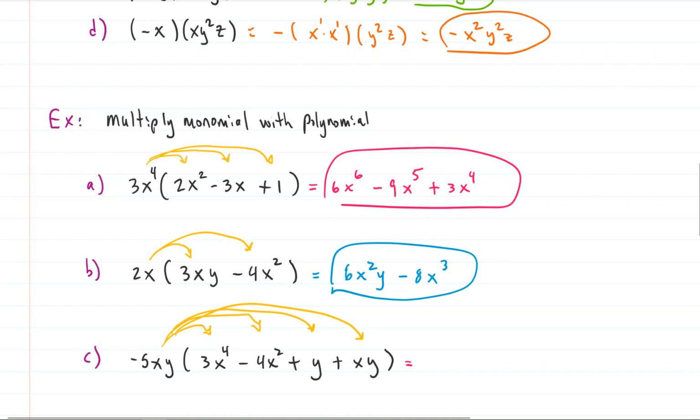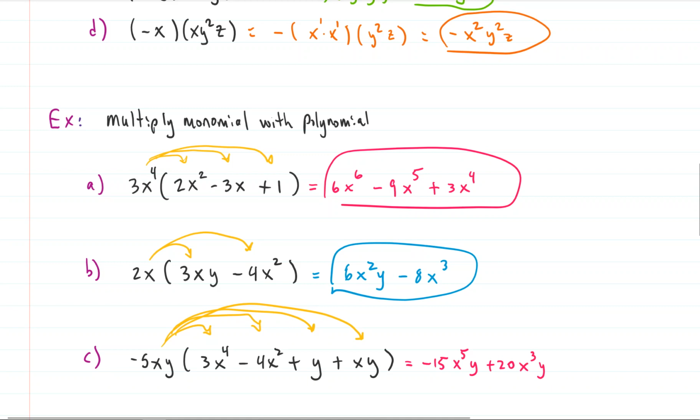So negative 5xy times 3x to the fourth. The negative 5 and the 3 give us negative 15. The x and the x to the fourth give us x to the fifth. And we have a y hanging out. So that's the first term done. Negative 5xy times negative 4x squared gives us positive 20x to the third, and the y is hanging out still.